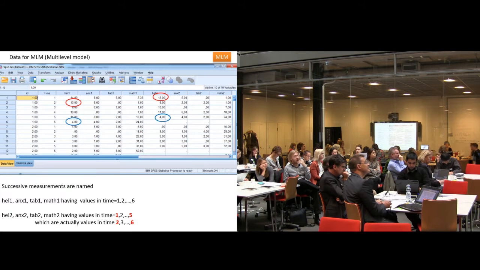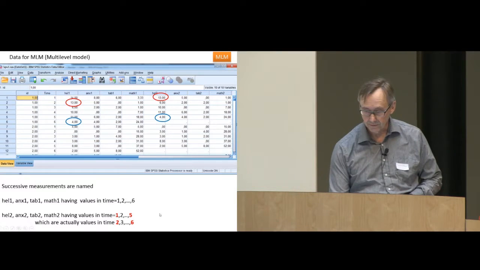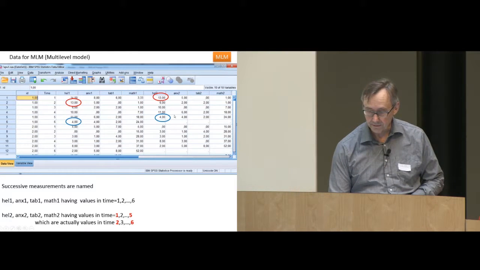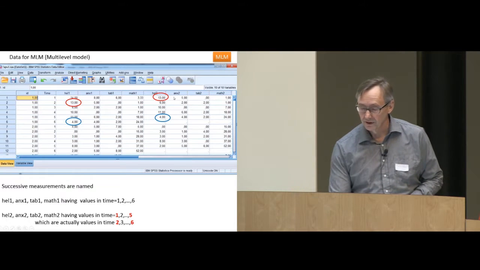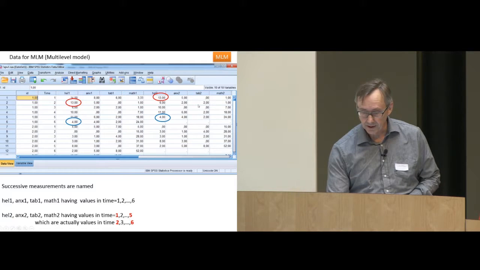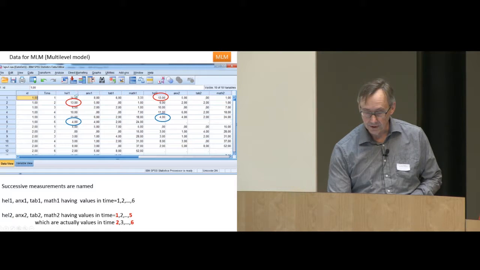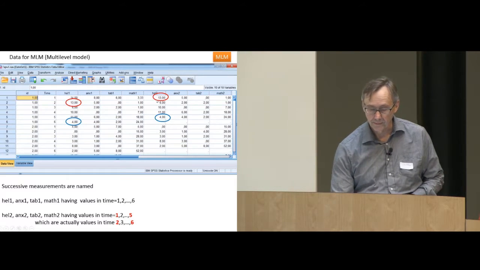And then I have added variables L2, angst2, tab2, and mat2, meaning that I want to use such an autoregressive model in which L1 and L2 are successive measurements.